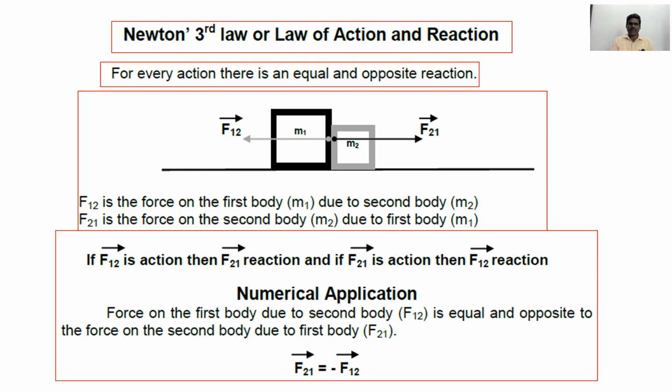Then if F12 is the action force, then F21 is the force due to reaction, and if F21 is action, then F12 is reaction. That is, the force due to action and the force due to reaction are opposite, but both are acting on different objects. That is F21 equals minus F12.